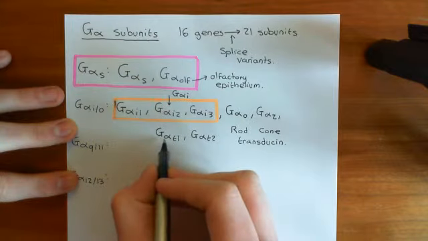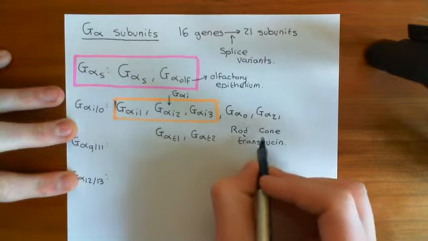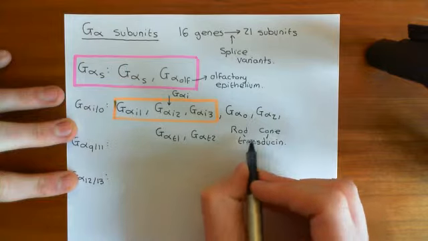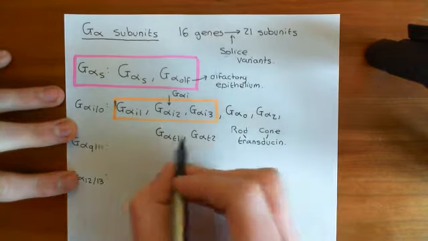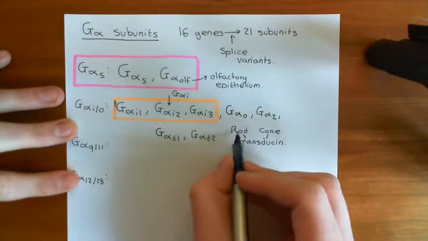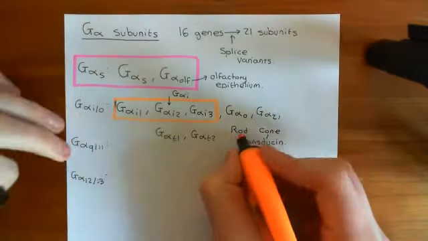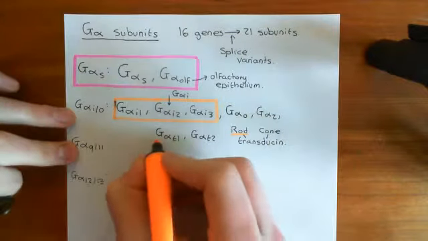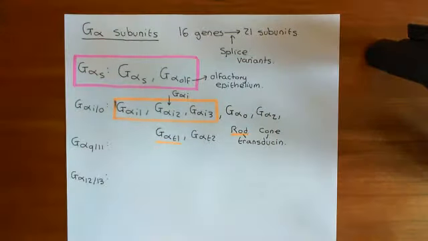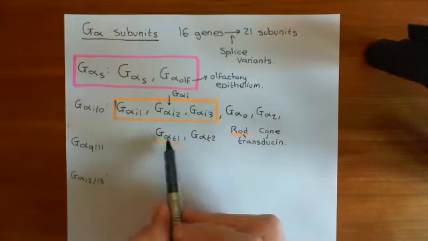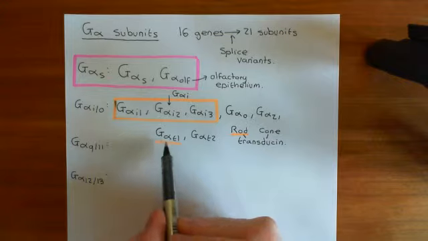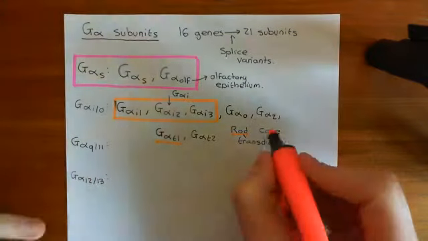Now in rod cells you have a different type of transducin than in cone cells, and the difference is in the alpha subunit. So in rod cells you have the G-alpha T1 subunit as your alpha subunit of your transducin protein.